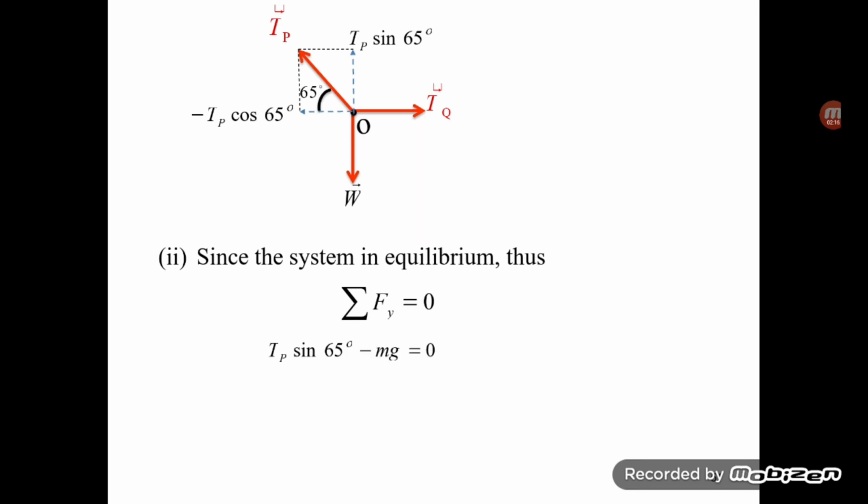So, TP sine 65 degrees minus mg is equal to 0. Substitute the value, and we get the magnitude of TP is 162 newtons.